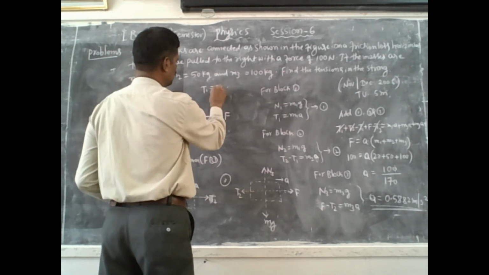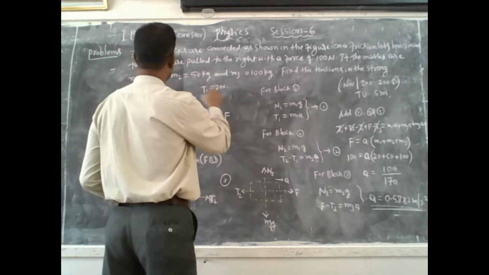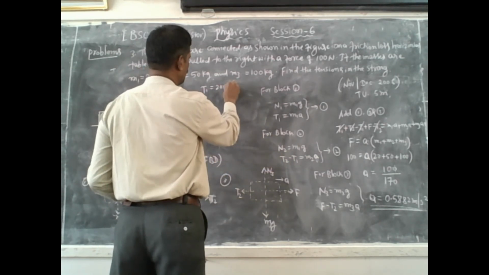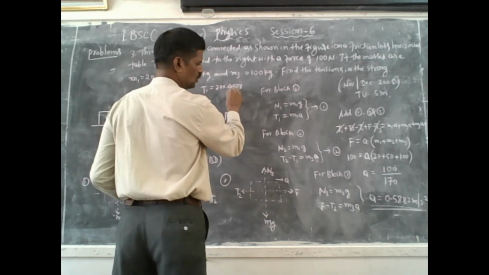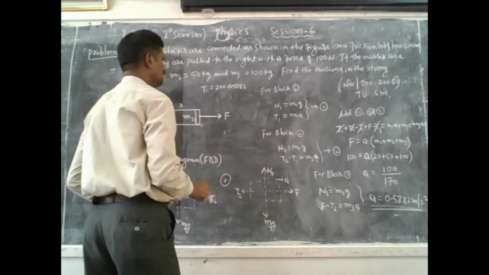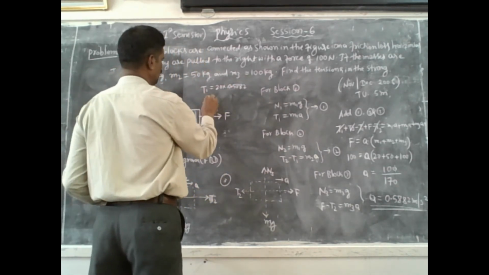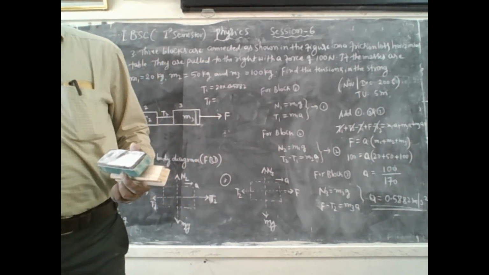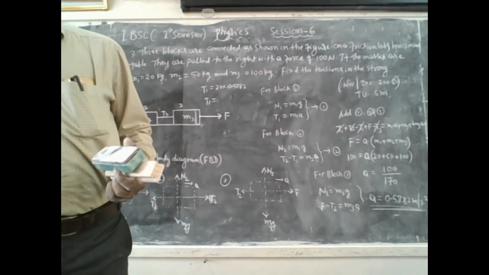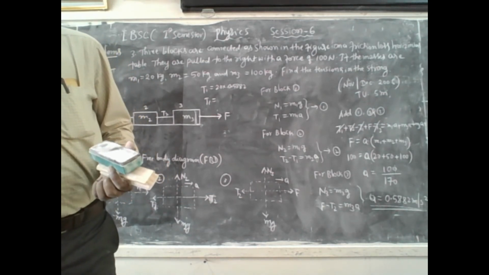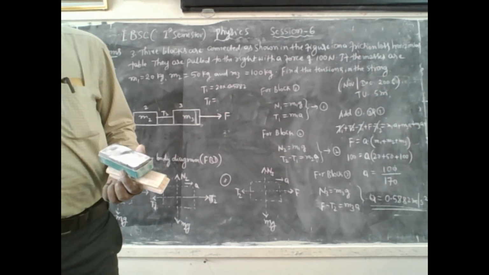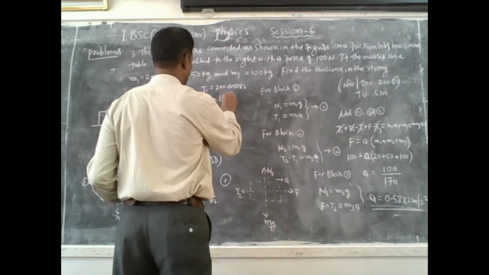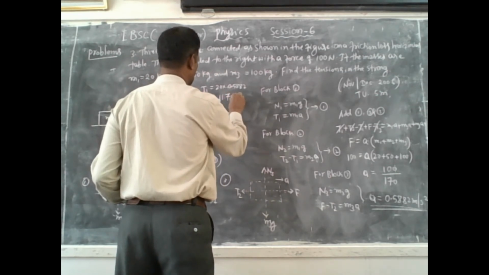T1 is equal to M1, which is 20 kg, times acceleration 0.5882. Therefore T1 equals 11.764 Newton.